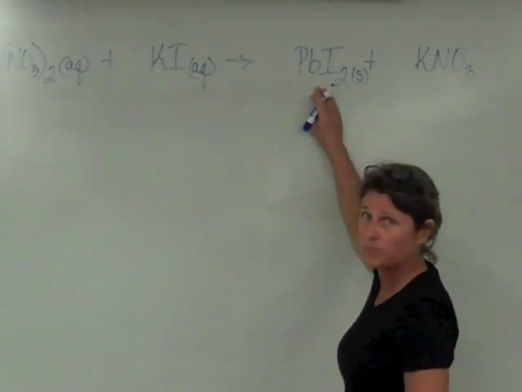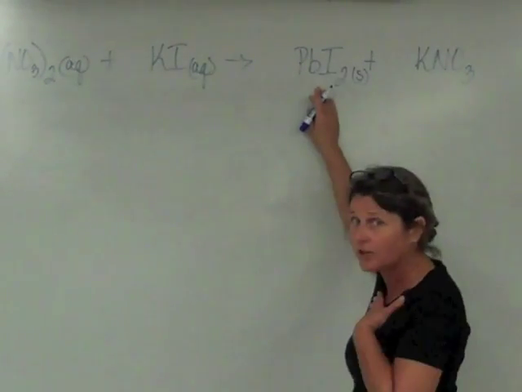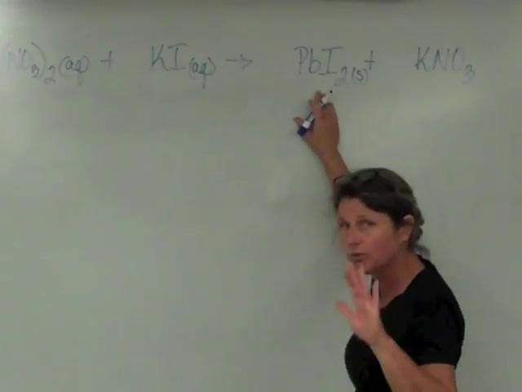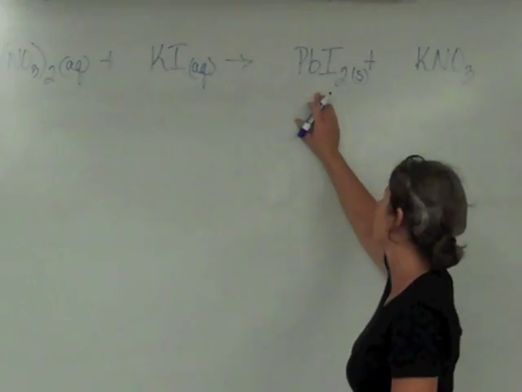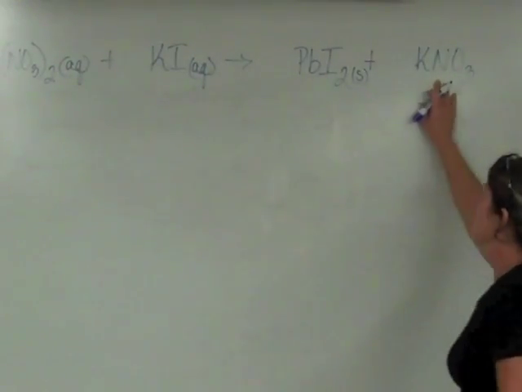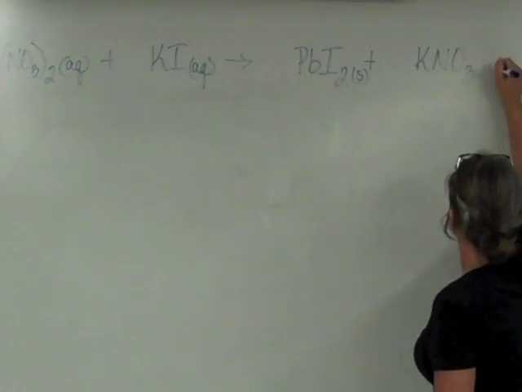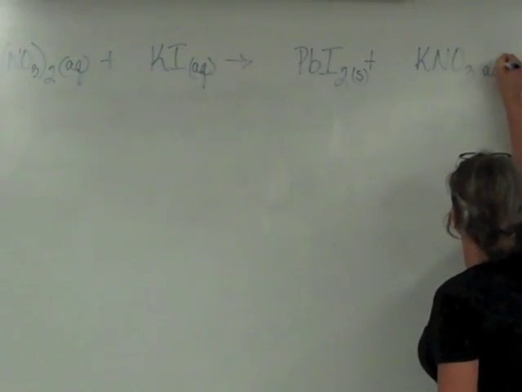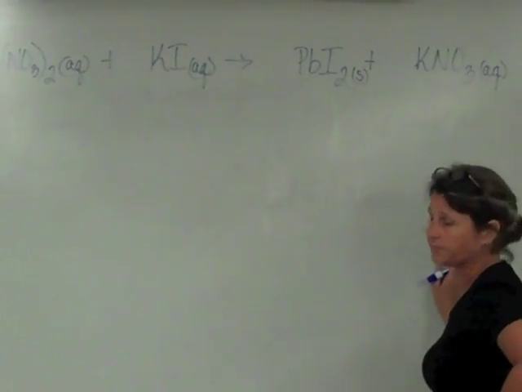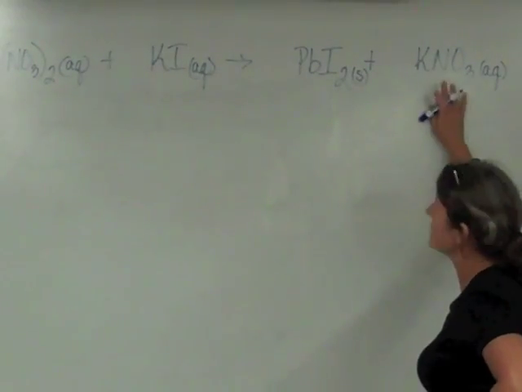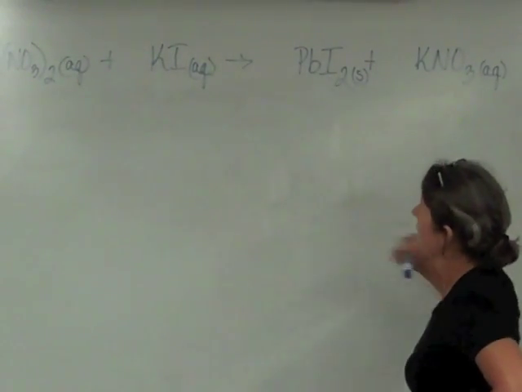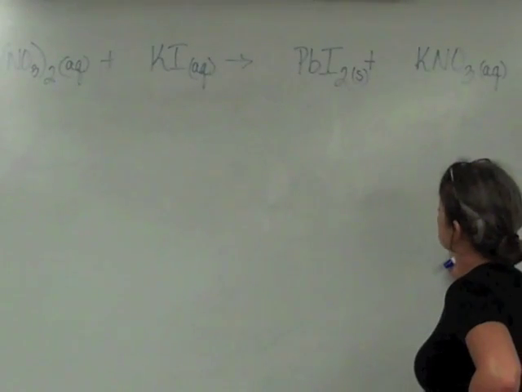That is our precipitate. You don't know them yet, but you will tomorrow. This is not a precipitate. This is an aqueous solution. So this stays aqueous, and that is our solid.